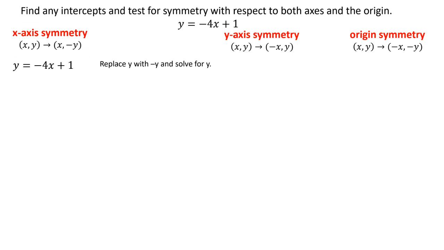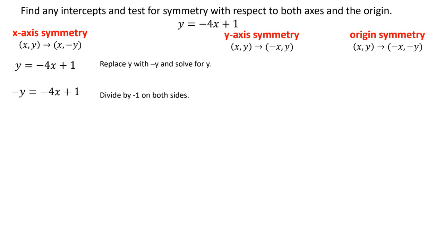Okay. So in this particular one, we have the equation y is equal to -4x plus 1. If we replace y with negative y and solve for y, look what we would get. It would change our problem completely.